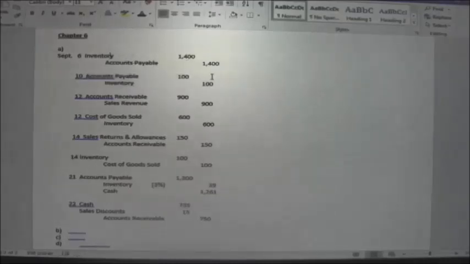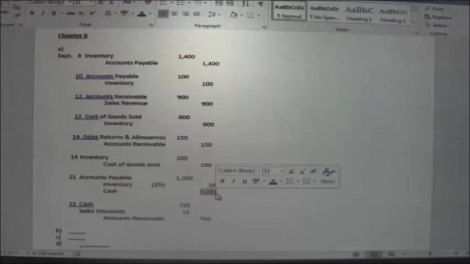So that's still the amount of inventory we have. We had $1,400, we returned $100 worth, we have $1,300 worth of inventory. Now when I pay them off, they give me a 3% discount. So I've come to pay off that $1,300, but they told me I only have to pay them $1,261 and the balance is clear.